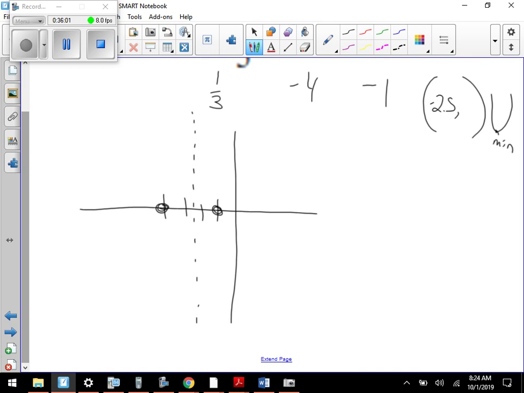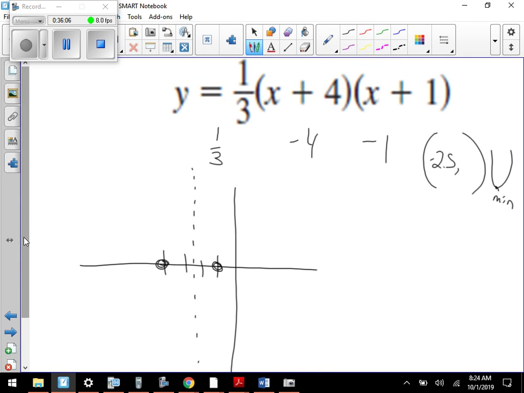Throw that into your equation. -2.5 plus 4 is 4.5. Or sorry, 1.5. So we have 1/3, 1.5 is 3/2, and then 1 plus -2.5 would be -3.5.